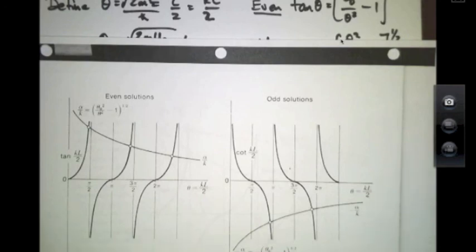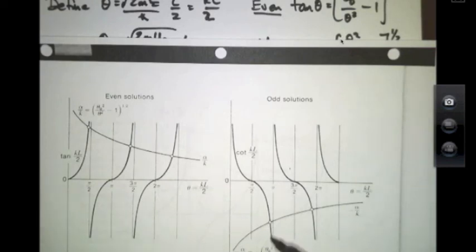If theta naught gets to be very large, in other words, the potential well is very deep, this function becomes a near horizontal line. And the solutions occur closer and closer to the even multiples of pi over 2. There is pi, 2 pi, and so on.